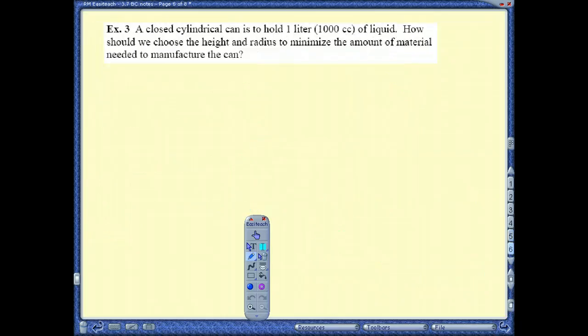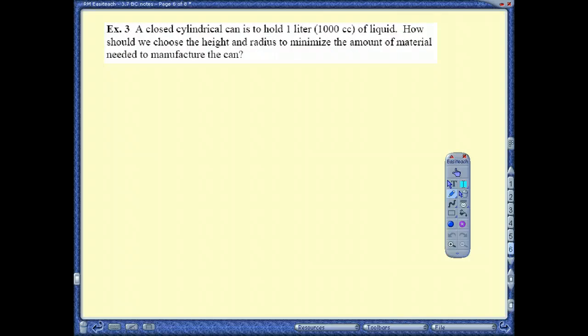All right, so now comes the good stuff. We are going to take the derivative of our function. Remember, we had 2 pi r squared plus 2,000 r to the negative 1. So we're going to take the derivative. So the derivative, and you could put dSA over dt because we've got surface area there.